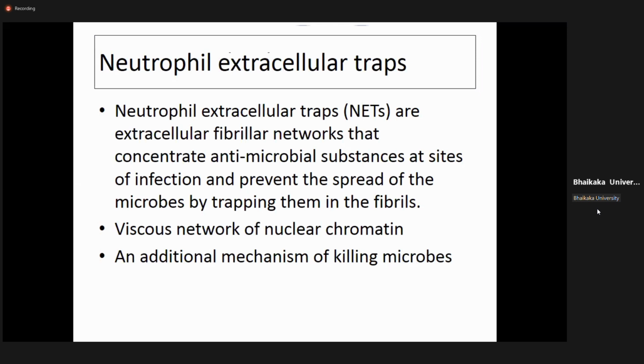These neutrophil extracellular traps are a viscous network formed from the nuclear chromatin. The nucleus of the neutrophil gets exuded from the cell to outside, and it will form a meshwork of fibrils, which is viscous in nature. So it will attract the antimicrobial substances, maintain their concentration, and prevent spread of infection to distant areas, which is an additional mechanism of killing of microbes.